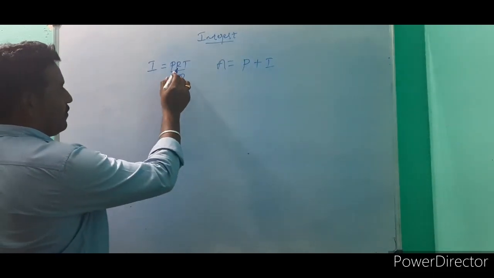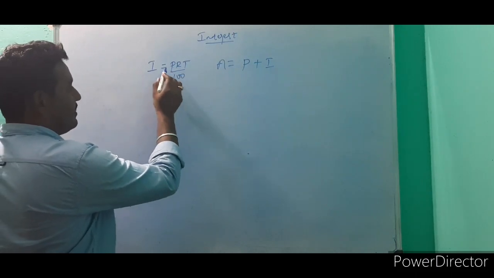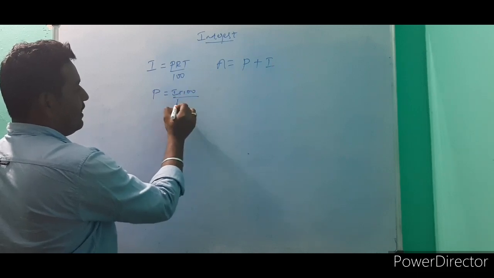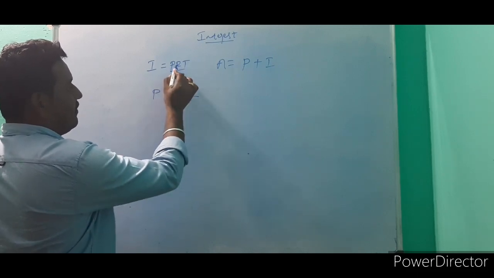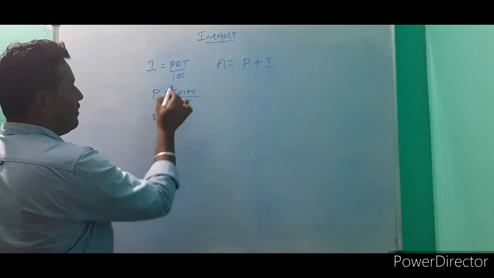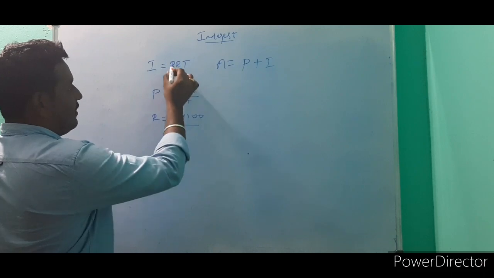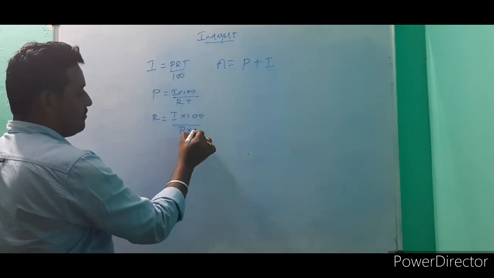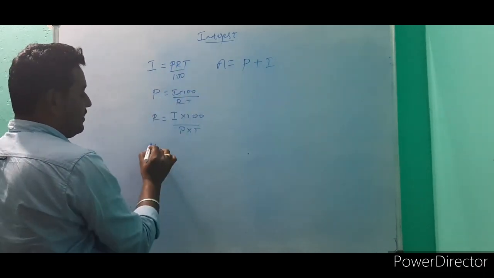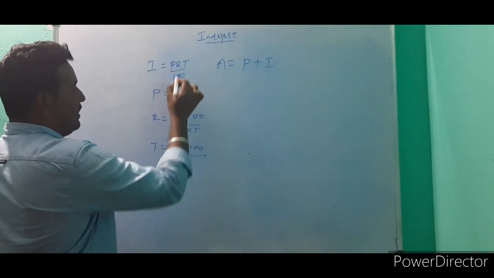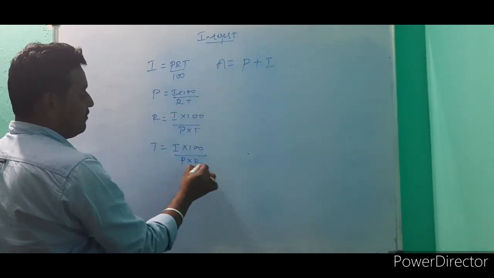In case you have to find P, just interchange the formula: I into 100 divided by RT will come. If you want to find R, I into 100, so PT will come down. If you want to find time, I into 100, PR will come down.